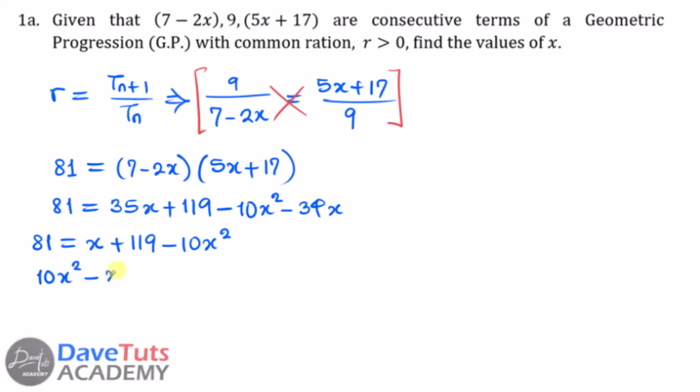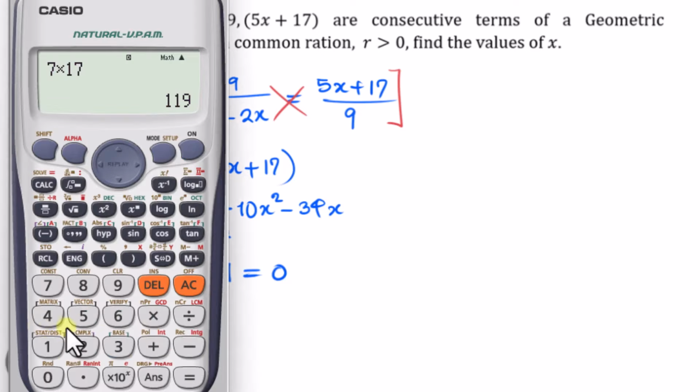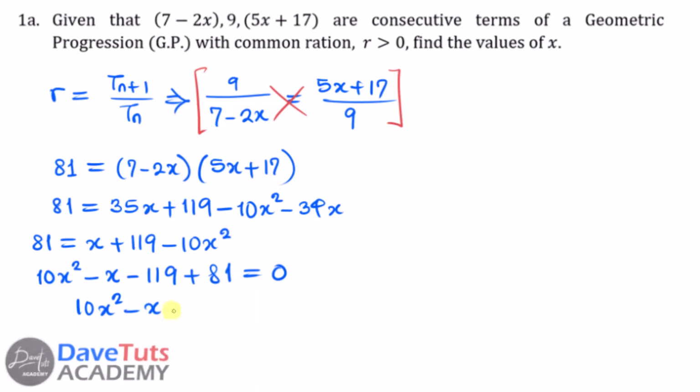Now it will become minus x, then minus 119 plus 81 is equal to 0. If I want to simplify this, I have 10x squared minus x. Now 119 that we got initially, minus 119 plus 81, what's that going to give us? This is minus 38, so minus 38 is equal to 0. Very good and very interesting.